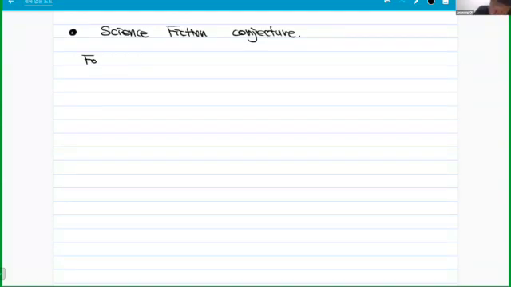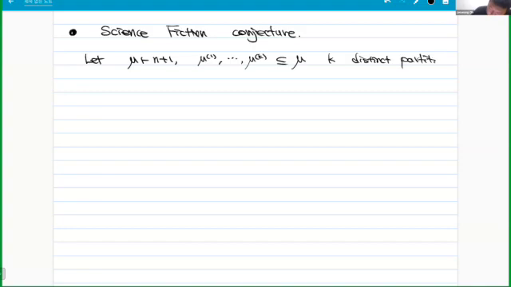To describe them, let mu be a partition of n plus 1, and mu_1 through mu_k be distinct partitions such that the difference of the sizes is 1, so |mu| minus |mu_k| is 1.